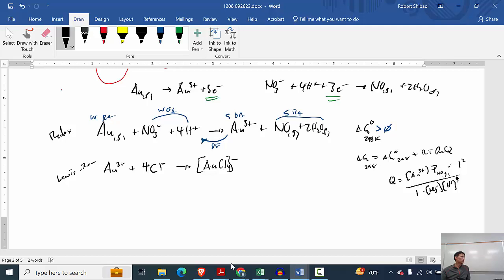Tetrachloridoaurate, and the charge on gold is +3. So tetrachloridoaurate(III). That's what we call it.